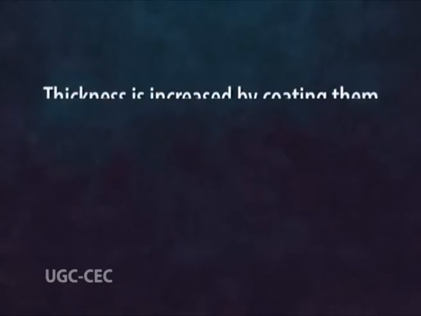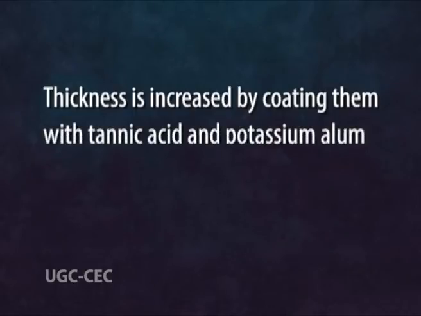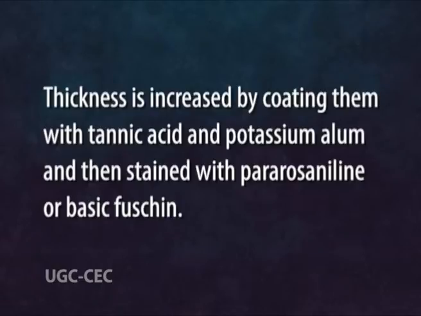These being so thin cannot be directly observed with a bright field microscope, and their thickness is increased by coating them with tannic acid and potassium alum and then staining with pararosaniline or basic fuchsin.